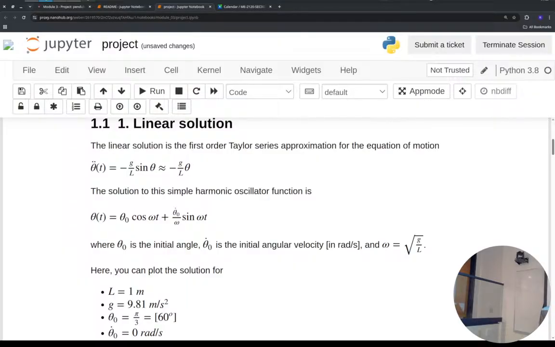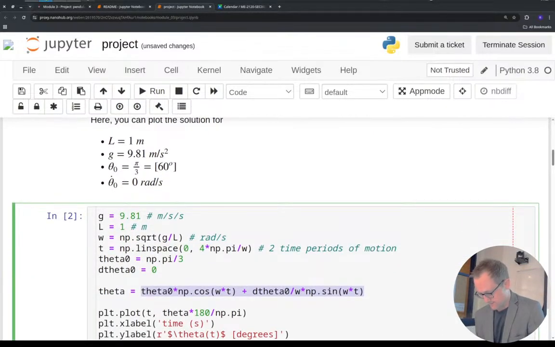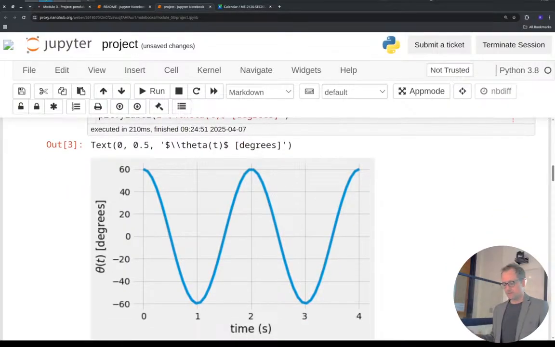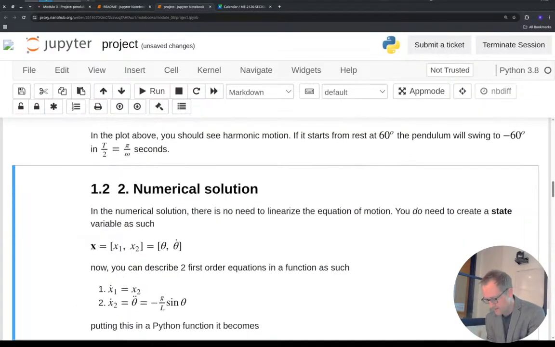Sine has a non-zero slope, but it starts at 0, so it's telling you initial speed. So some combination of those two, and that's always the linear solution. So we'll run that. And so far, here are 2 time periods of a sine wave. It starts at 60, swings down to -60, back to 60, and back, just harmonic motion, just like we thought it would be. We programmed it in there.